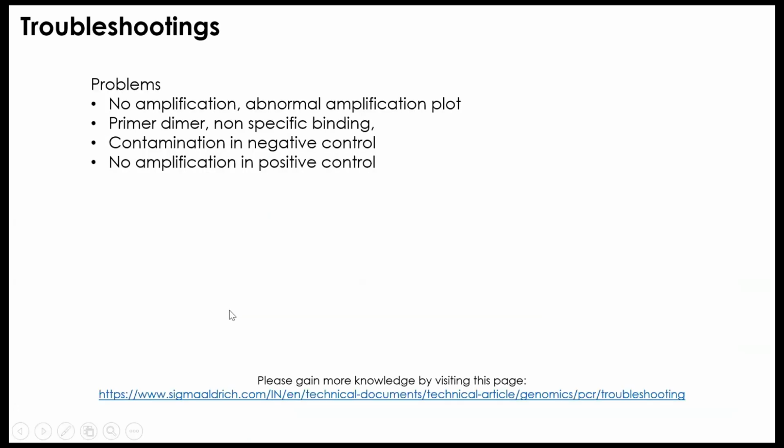Troubleshooting. There could be a problem where sometimes you may not get amplification, or the amplification plot may look abnormal. There could be primer dimer, non-specific binding, contamination in the negative control, or no amplification in the positive control. All these problems can come, and each of them can be solved if you know the basics behind it very well.